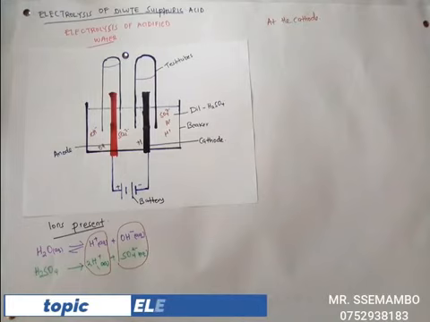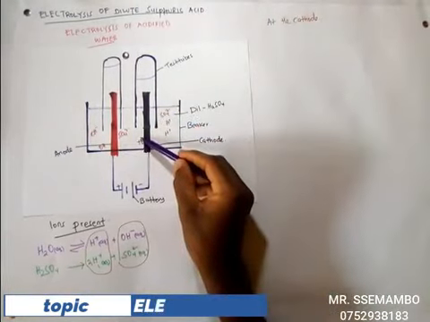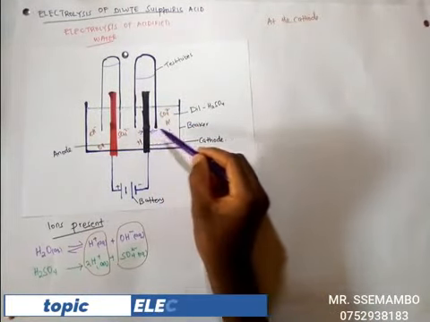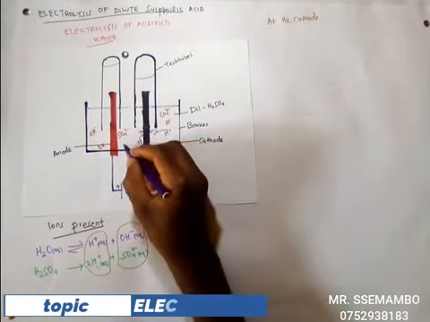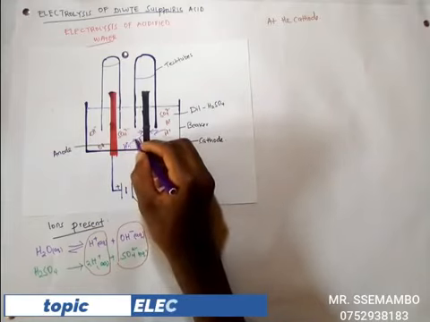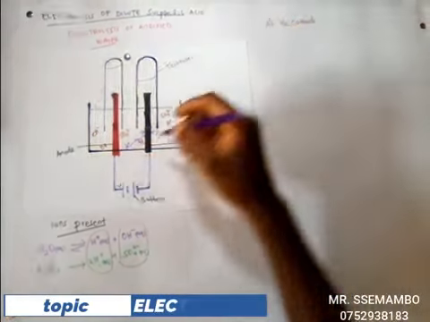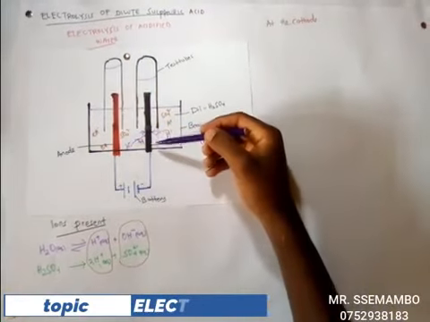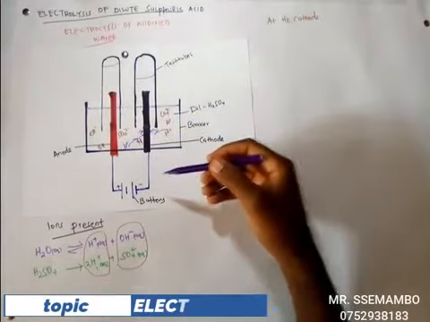So the reaction at the cathode: the hydrogen ions migrate to the cathode. So see hydrogen ions moving this side. Wherever the hydrogen ions are, they migrate towards the cathode. When they migrate to the cathode, as we said earlier, they get electrons from the cathode because they are electron deficient.